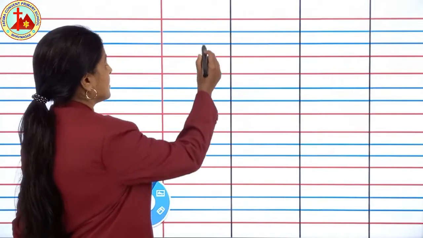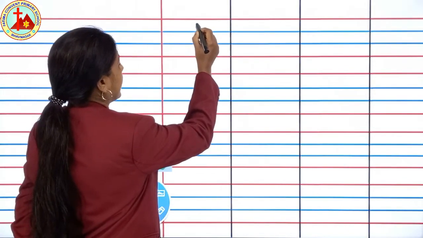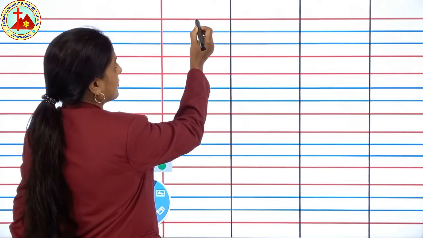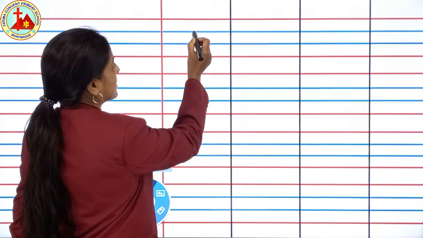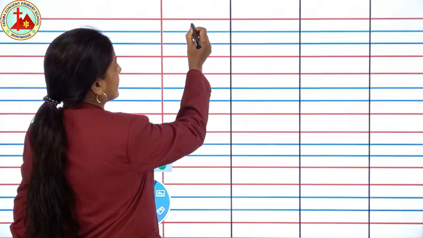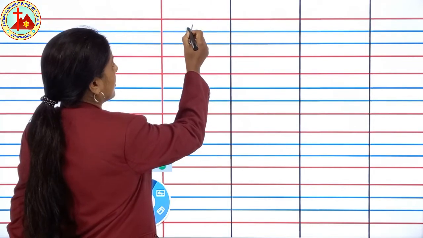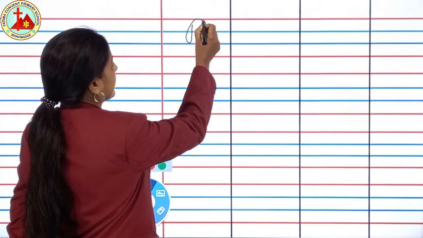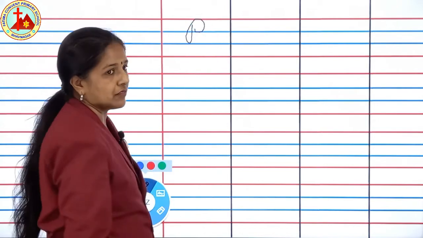Now be careful, children, how Miss is writing; you have to follow that. From the first red line to the first blue line, we will start P, go up to the red line, then touch the first blue line, curve.